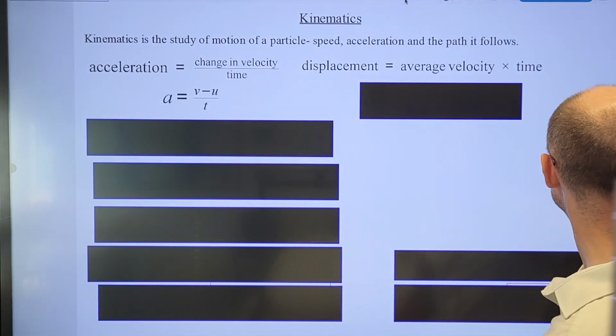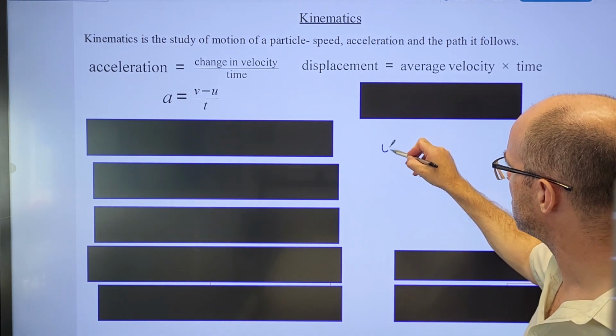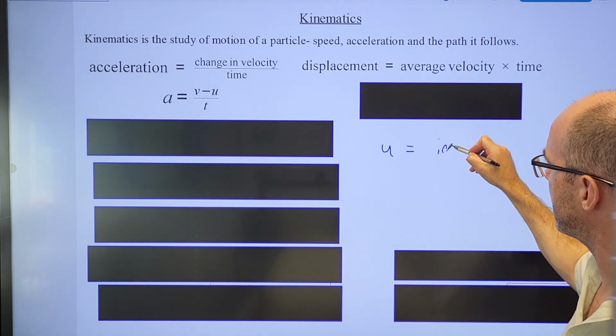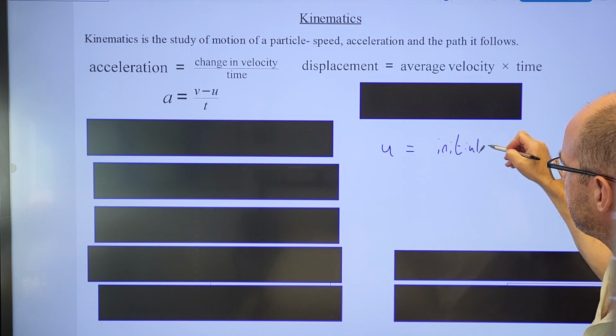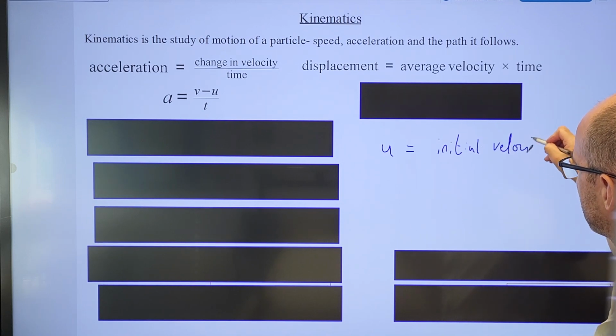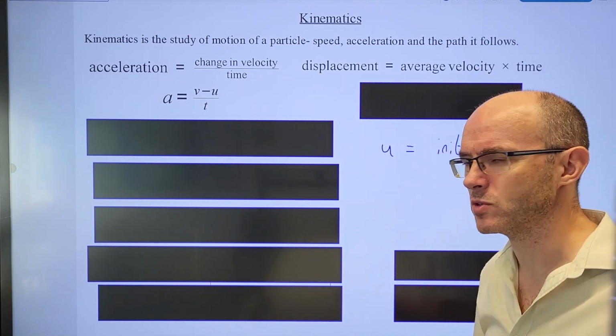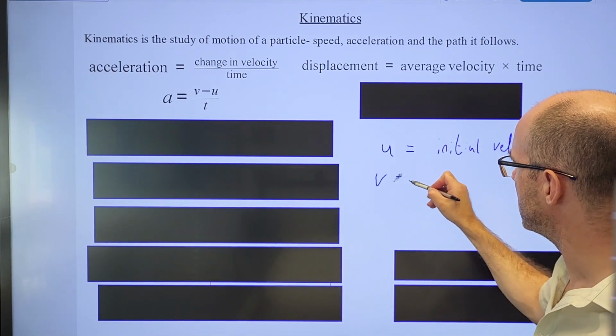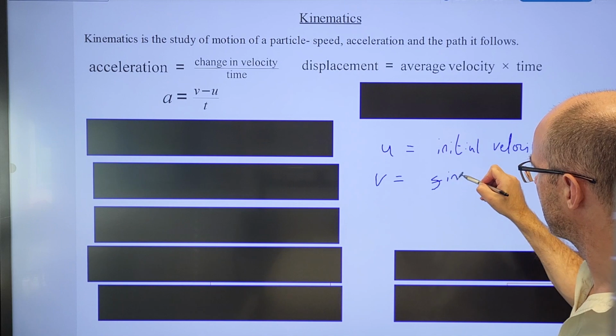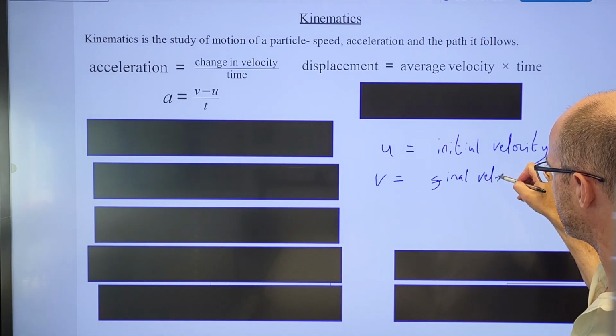Now, in terms of the letters that we use, we use U to represent an initial velocity. That is the velocity at the beginning of when time starts, t equals 0 normally. And V we use to represent the final velocity. That is the velocity at the end.